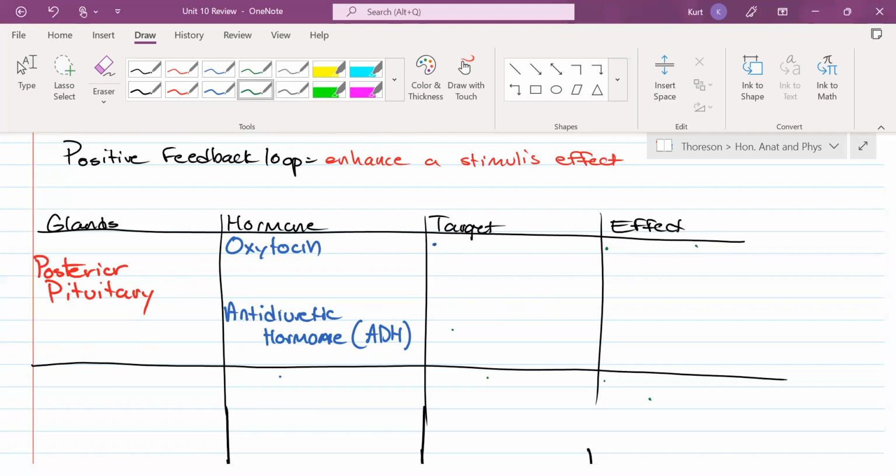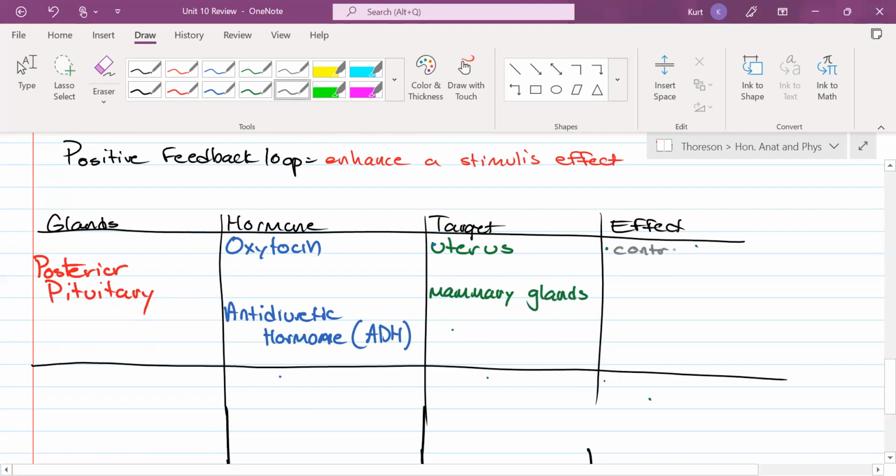It targets the uterus. What else does it target? Mammary glands. What does it cause the uterus to do? Contract. What does it cause the mammary glands to do? Milk let down.